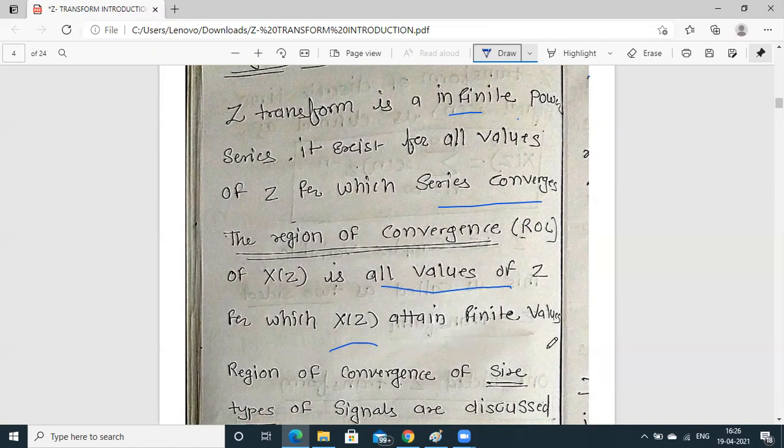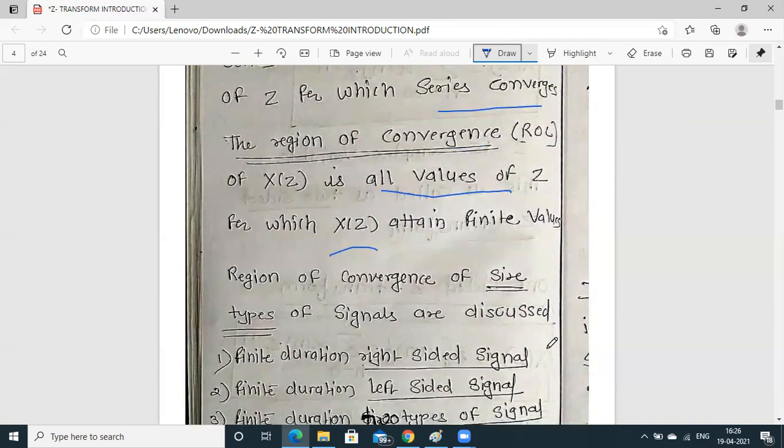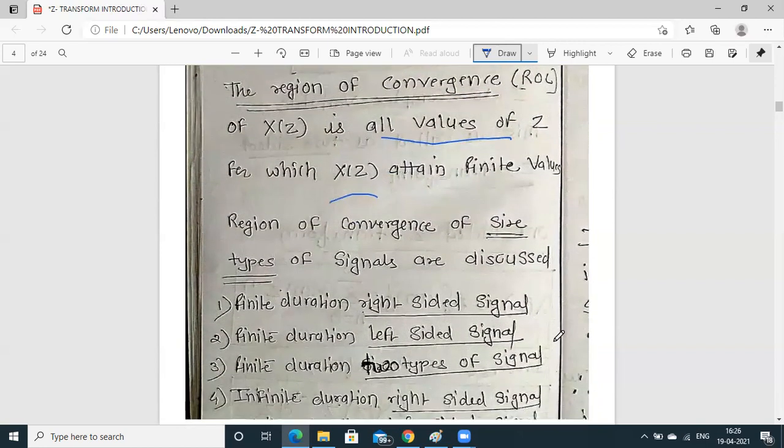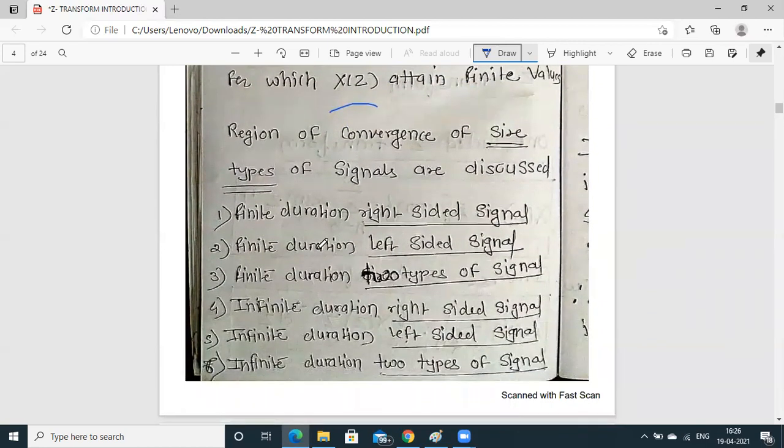Region of convergence of 6 types of signals is discussed. Now, what are these 6 types of signals? Finite duration right-sided signal, finite duration left-sided signal, finite duration two-sided signal, infinite duration right-sided signal, infinite duration left-sided signal, and infinite duration two-sided signal.